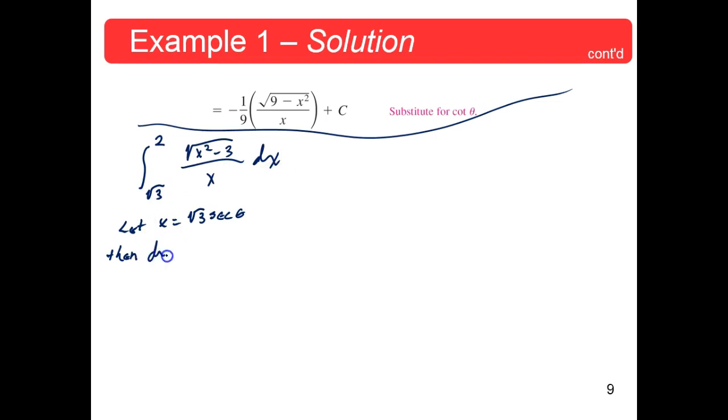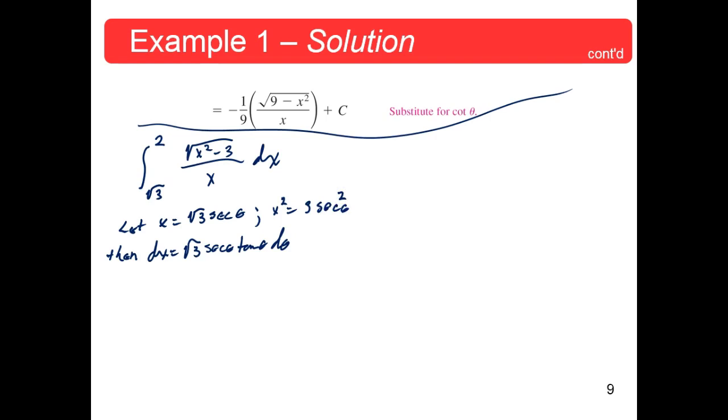Okay, dx then is equal to root 3 secant theta tangent theta d theta. All right, we've got our dx now. That's checked off. Let's do some other things with this. What would you suggest we do? Square it. Okay, so that would be x squared is equal to 3 secant squared theta.